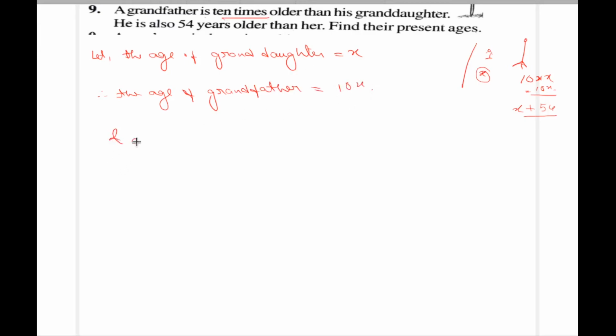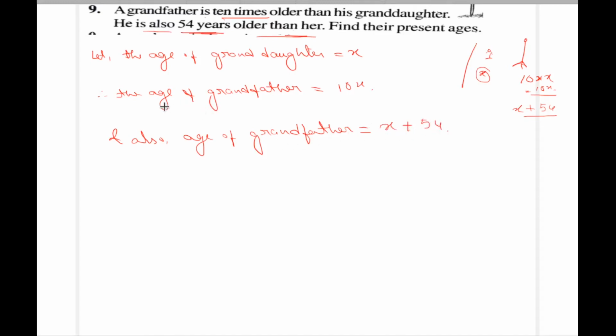And also, age of grandfather is equal to, see, he is also 54 years older than her. That means her age x plus 54.